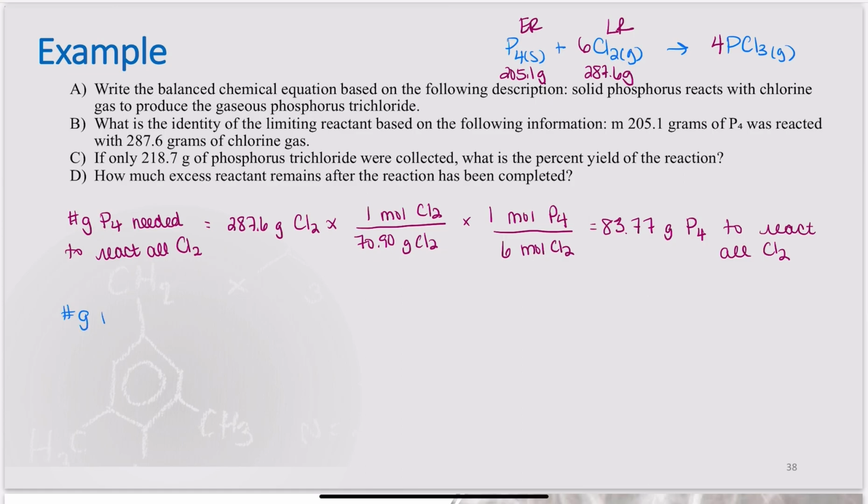So how many grams of PCl3 can I produce? I've got 287.6 grams of Cl2, and I know that's my limiting reactant, so it's going to limit how much I can produce of my product. 1 mole of Cl2 weighs 70.90 grams.